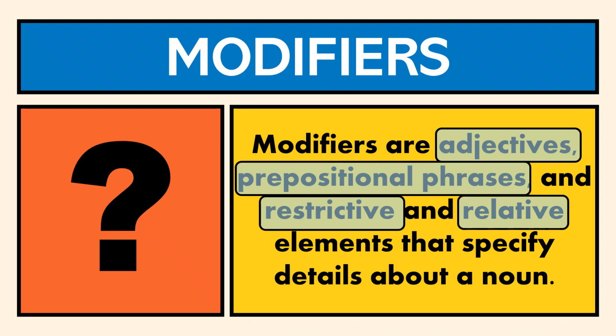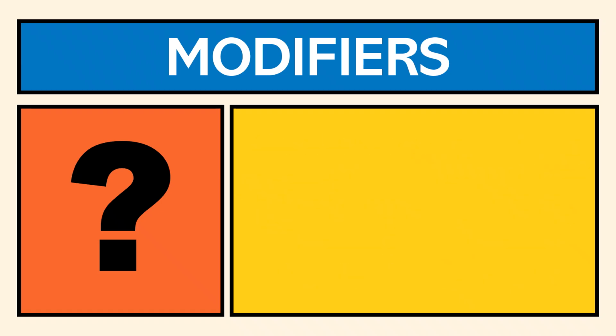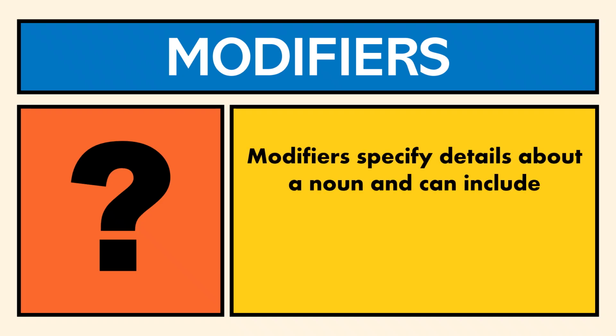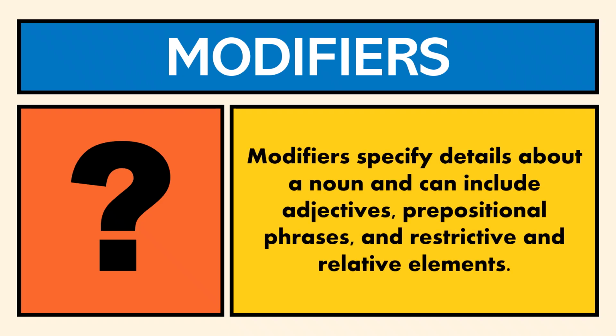And you might notice here that I've done the exact thing that I'm saying we shouldn't do and front load the sentence with all the elements before we describe them. So we should probably reframe this sentence. We could instead say that modifiers specify details about a noun and can include adjectives, prepositional phrases, and restrictive and relative elements.